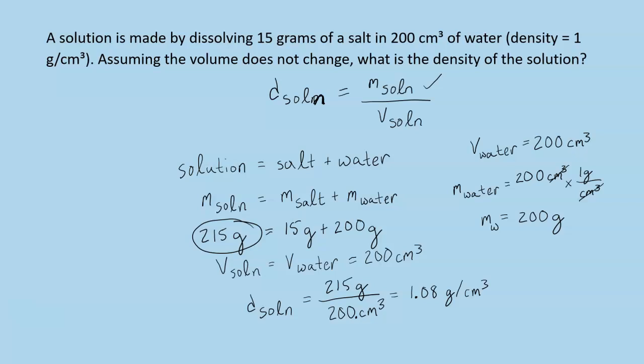But if you were to assume that that 200 only had one significant figure, then you may have to round this to 1 gram per centimeter cubed. But I'm going to assume that they meant the 200 was 3 sig figs and that the answer is 1.08 grams per centimeter cubed.